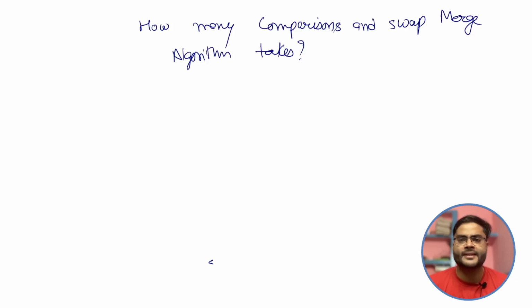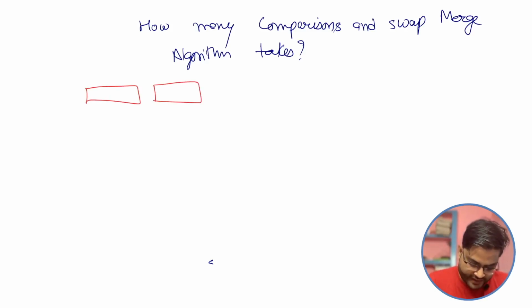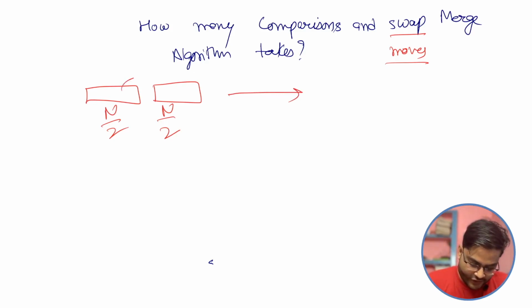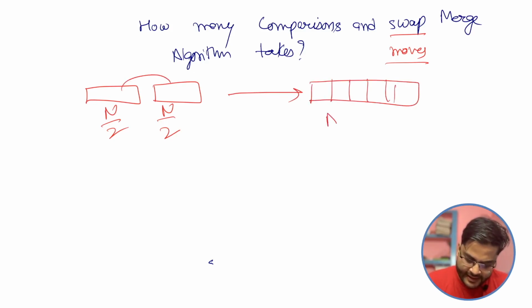So let's say we have two sub arrays of size n by 2 and n by 2. Okay, so how many swaps, or we can say moves, will the merge algorithm take? So what we will do, after sorting, we will move it into our auxiliary array, right?